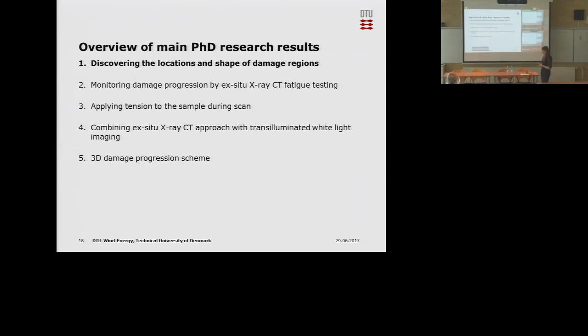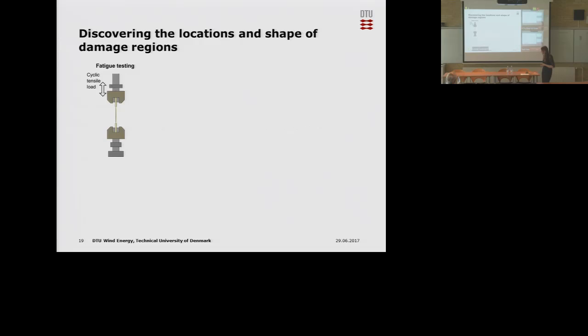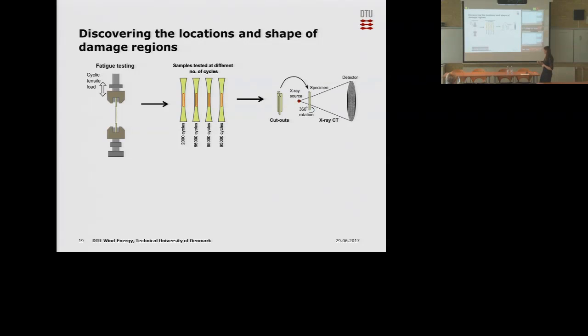Starting with the first one, in this study, fatigue tests were performed on several specimens, and these specimens were then interrupted at a different number of load cycles, each individual specimen. Then cutouts were made from these specimens to obtain higher image resolution, and this was then examined by X-ray CT.